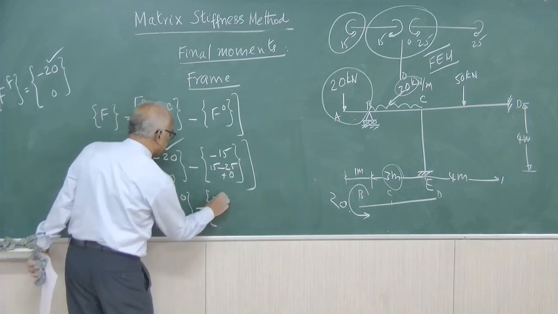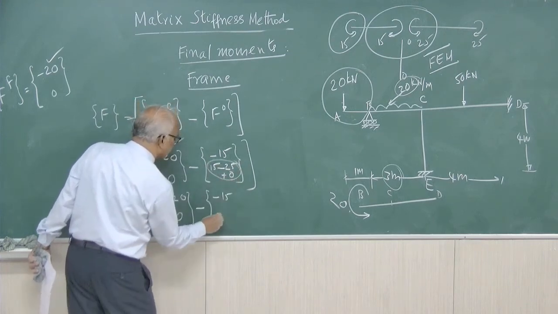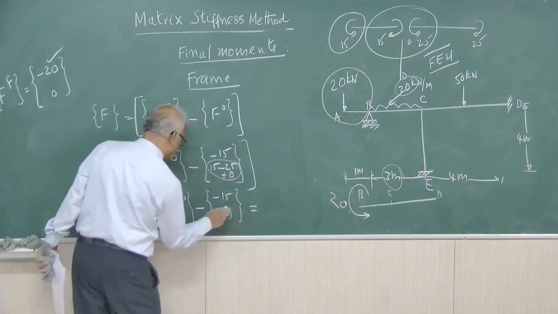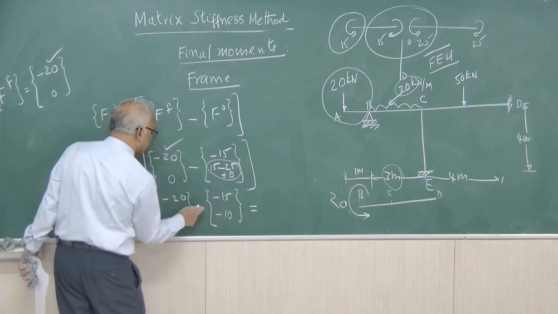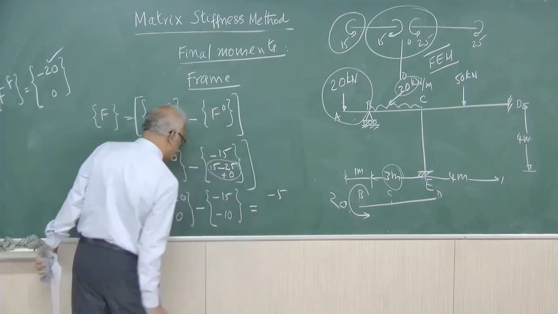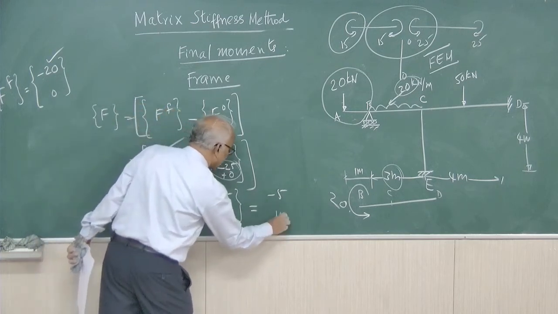Here it is minus 15. This is 15 minus 25 is minus 10. Minus 10 equal to minus 20 plus this becomes plus 15. Therefore, this is minus 5. Minus and minus become 10. So this is 10.